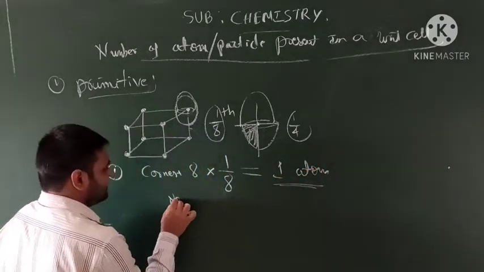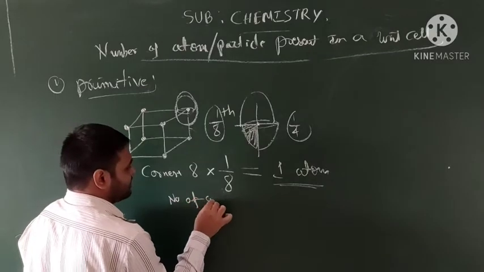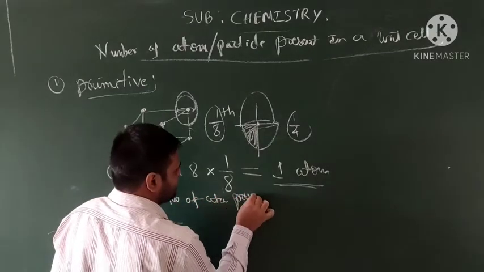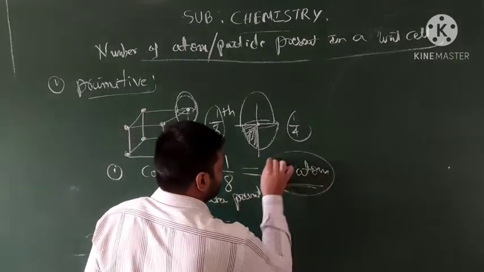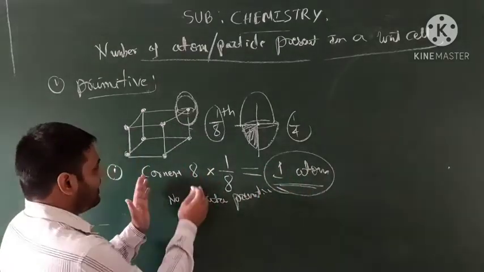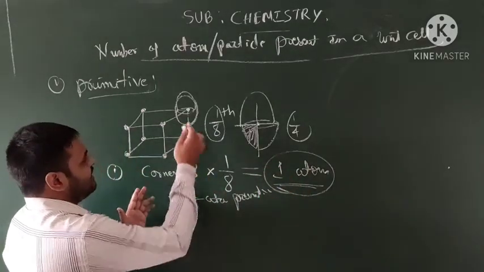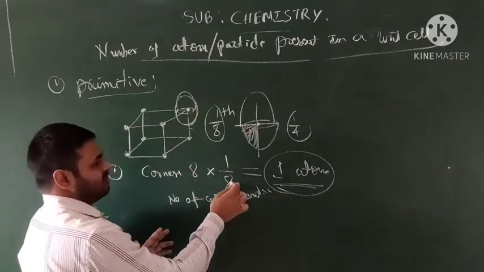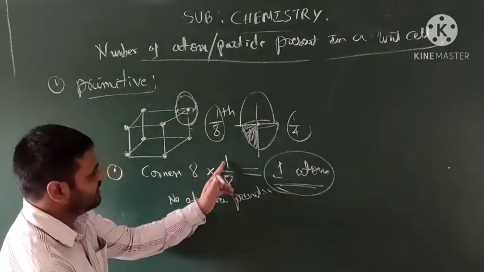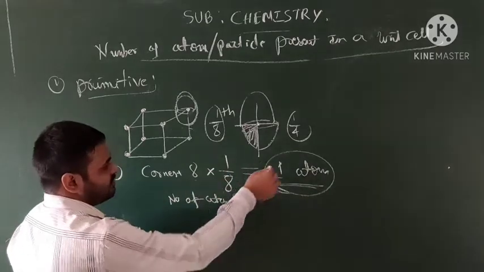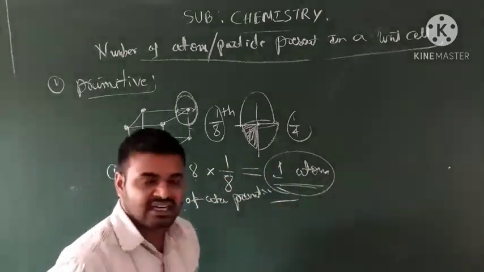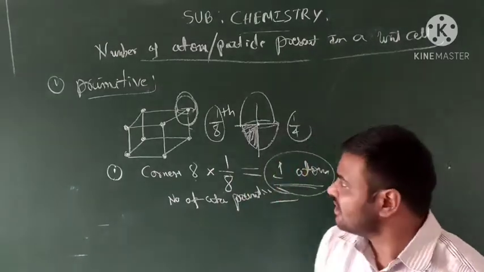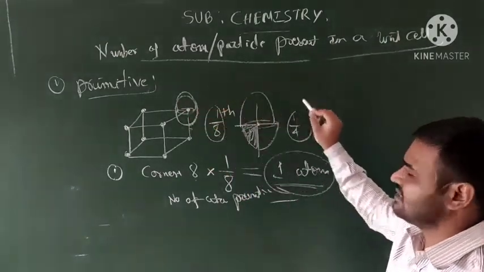Number of atoms present in a primitive unit cell: only one atom. There are 8 corners, and from each corner 1/8 part is inside. 1/8 part means 8 times 1/8 equals 1. This is the only one atom present in a primitive unit cell.